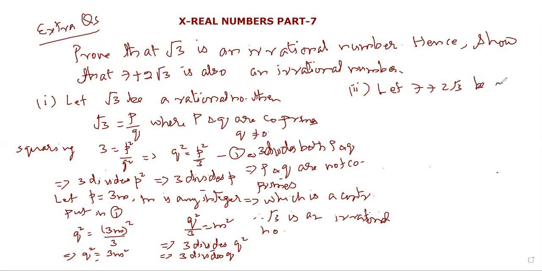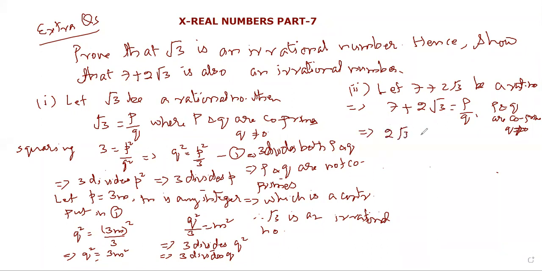Okay. Second proof, as I told you, you have to write: let 7 plus 2 root 3 be a rational number. Then 7 plus 2 root 3 can be written as P upon Q, where P and Q are co-primes and Q is not equal to 0. Solve this.